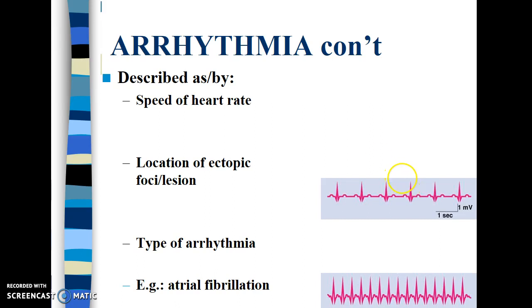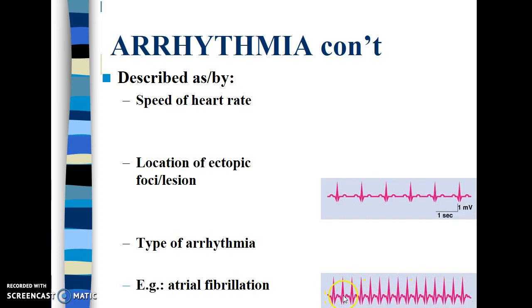So if you look at this pattern here, what we have going on is atrial fibrillation. These P and T waves are kind of on top of each other, and we've got sort of a normal ventricular rhythm going on here, but they're firing awful fast.